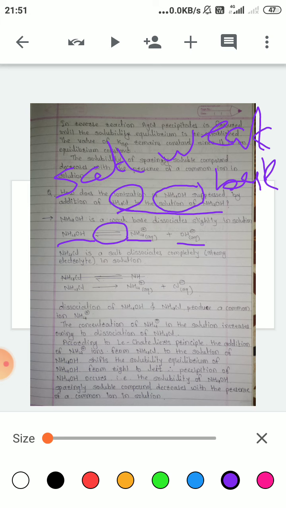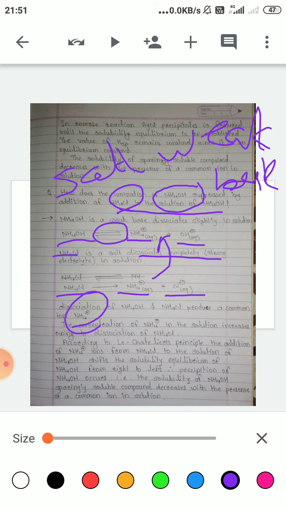Ammonium chloride is a strong electrolyte and dissociates completely into ammonium ion and chloride ion. If we add this to the solution of ammonium hydroxide, it produces the NH4 plus common ion.